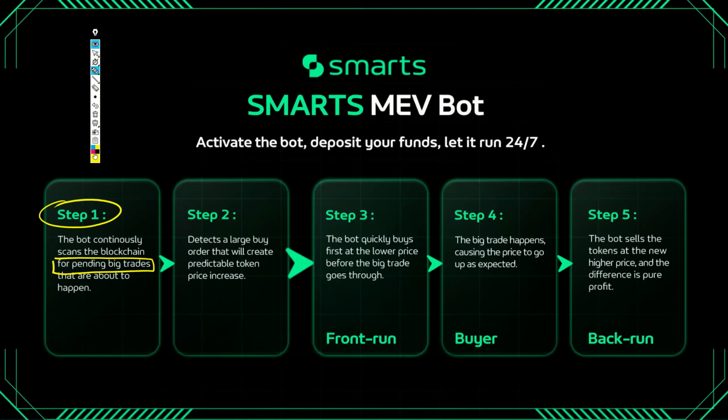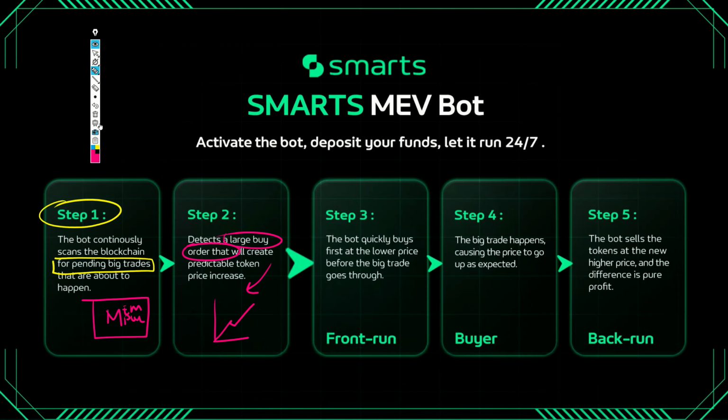Okay. Now it will scan an area like I said earlier called a mempool, and it would detect large buy orders and then would create something called a predictable token price increase for that large order.